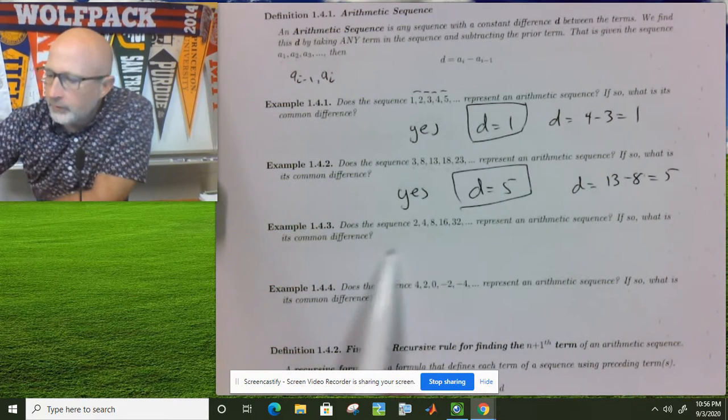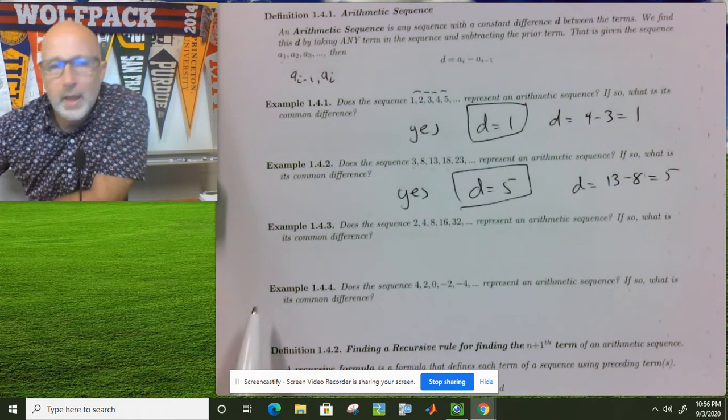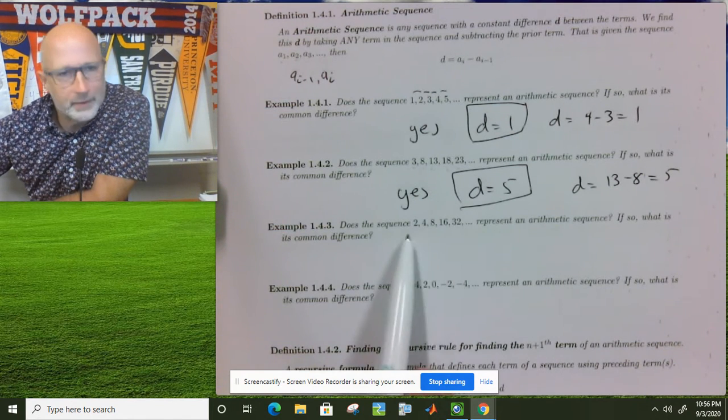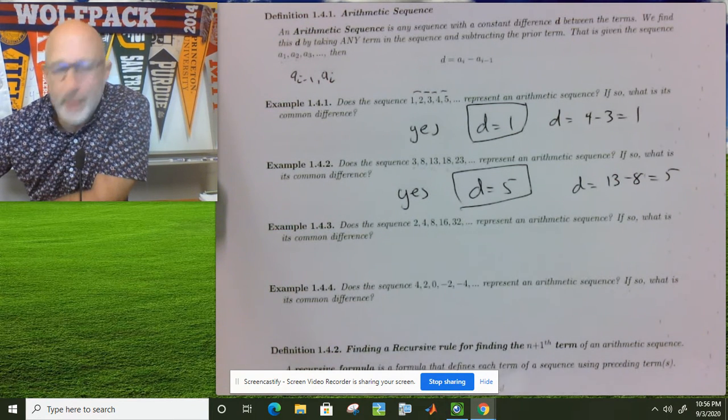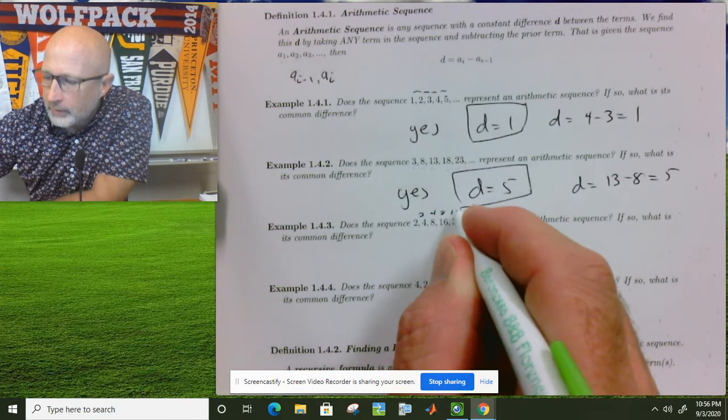Next one. Does the sequence 2, 4, 8, 16, 32 represent an arithmetic sequence? No. You might think it does because it has a pattern, but it doesn't go up by the same amount each time. This goes up by 2, then 4, then 8, then 16, and so on.